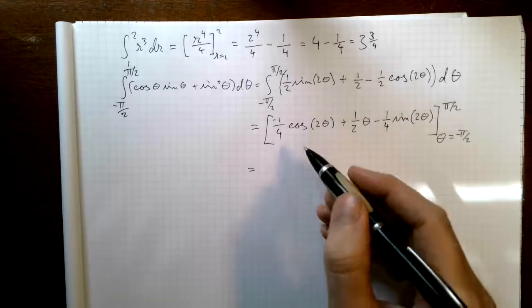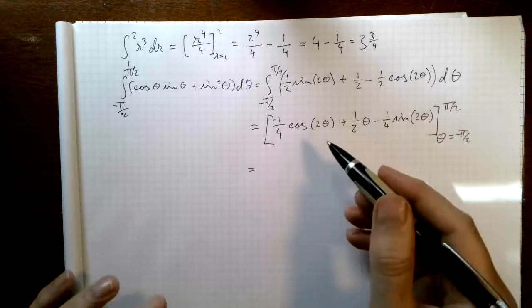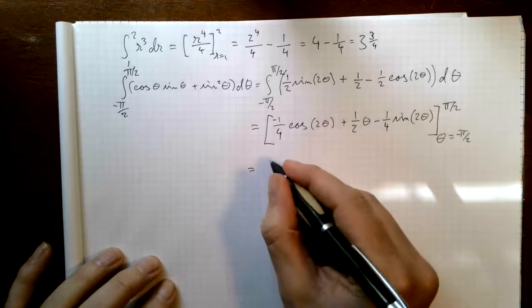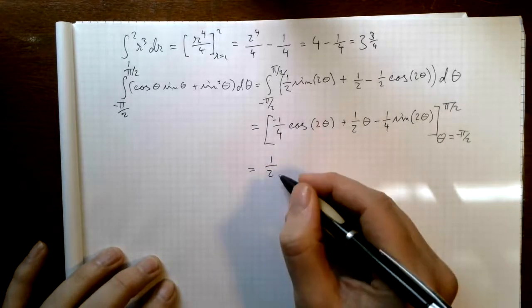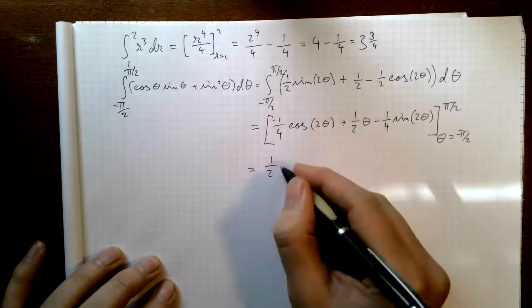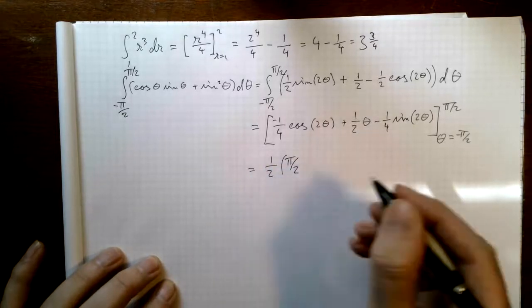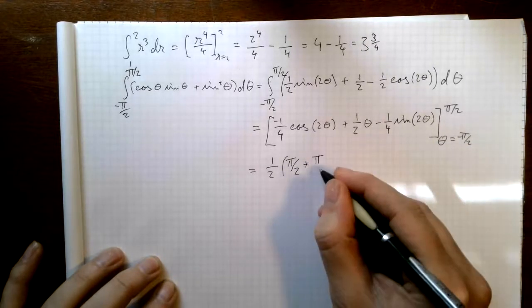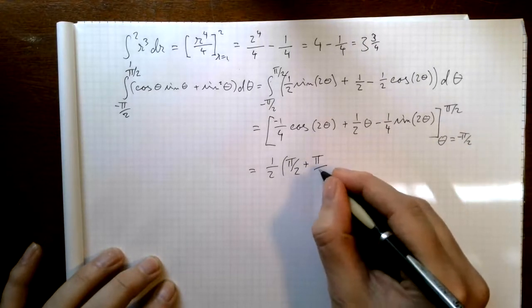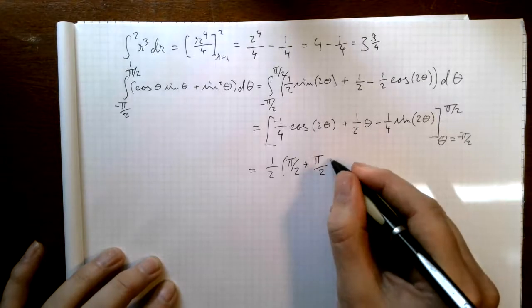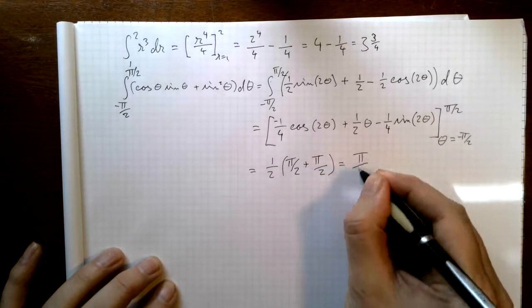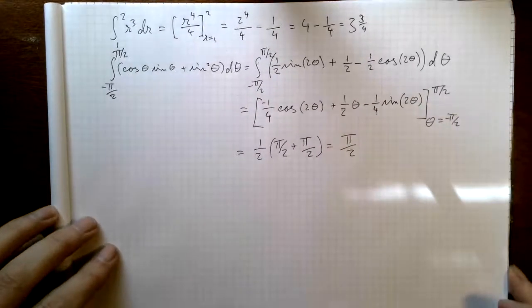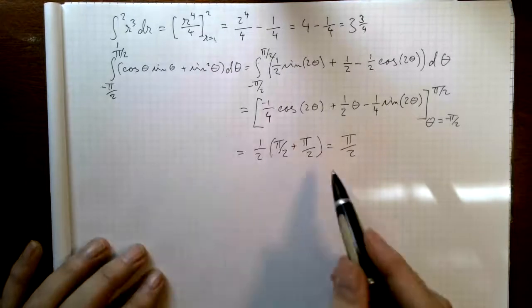So this is gone. This is gone. So I have 1/2, and then it's pi half minus, so plus. So I have a pi. So it's pi over 2.